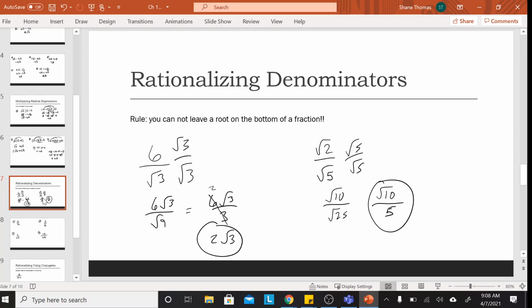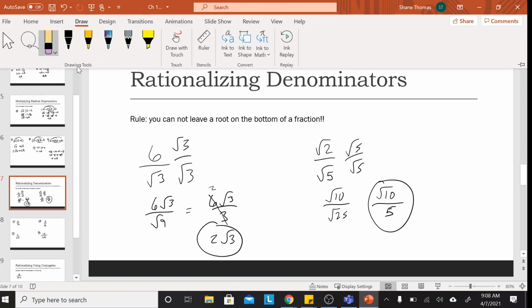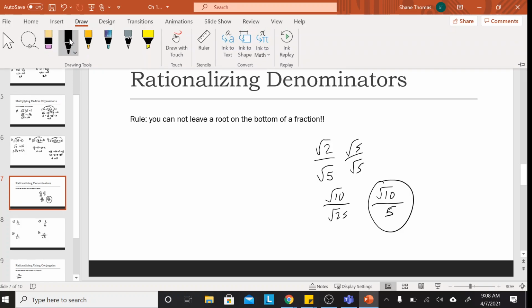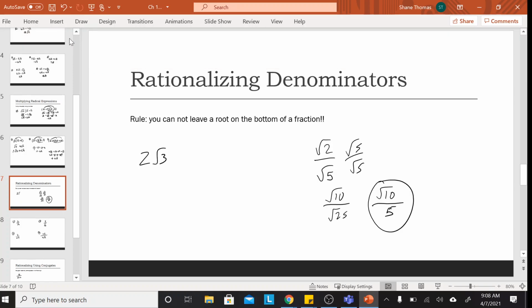Okay? Let's do one more here. What if I have this? Let's do 2 root 3 over 4 root 2. Actually, I don't want to do 4.